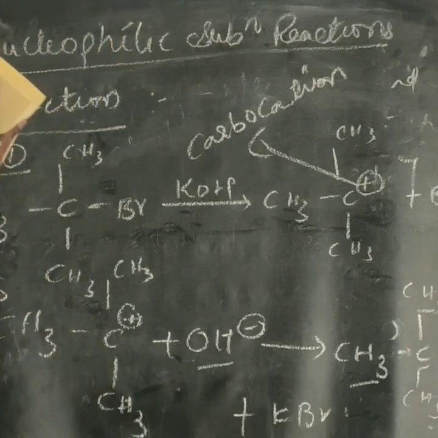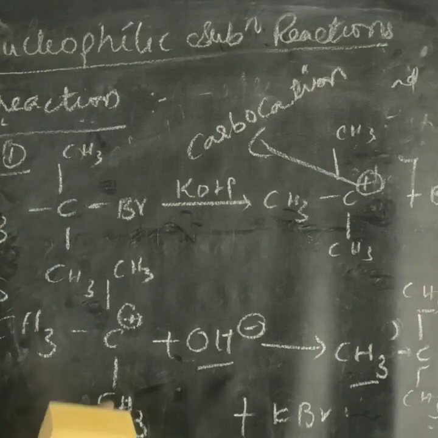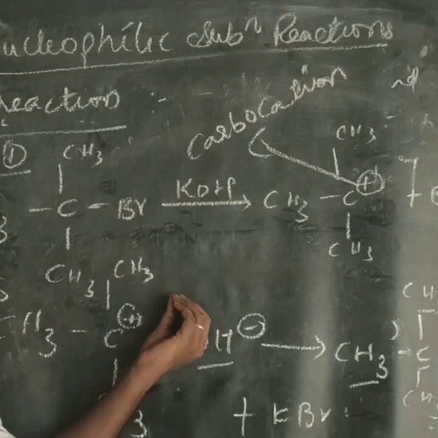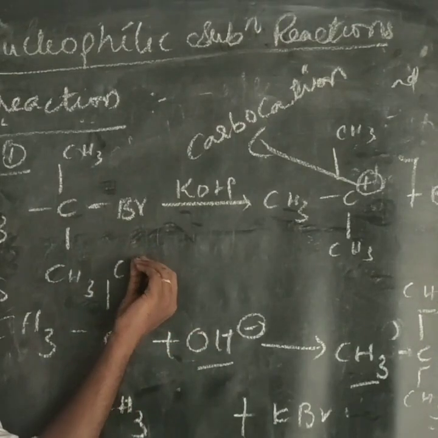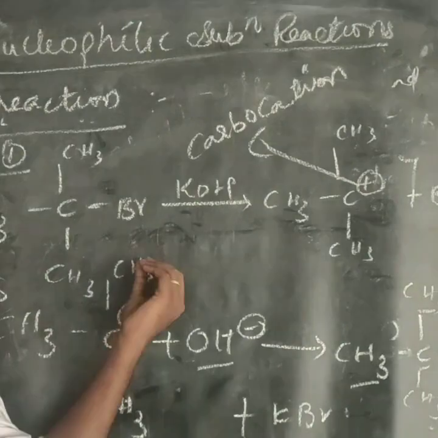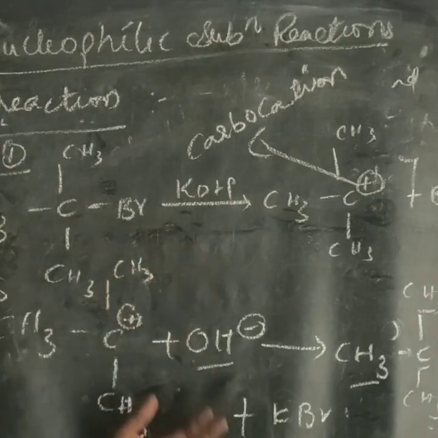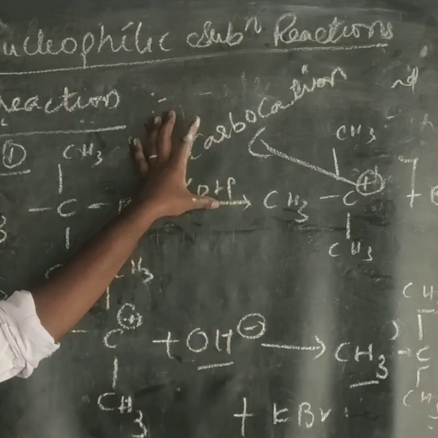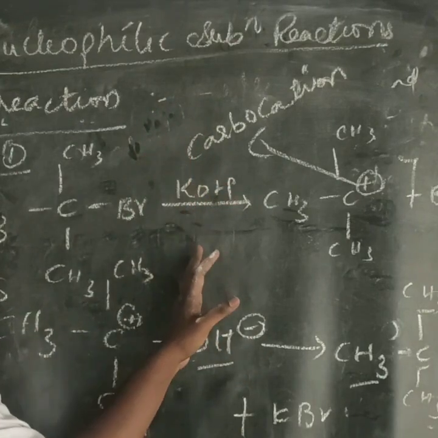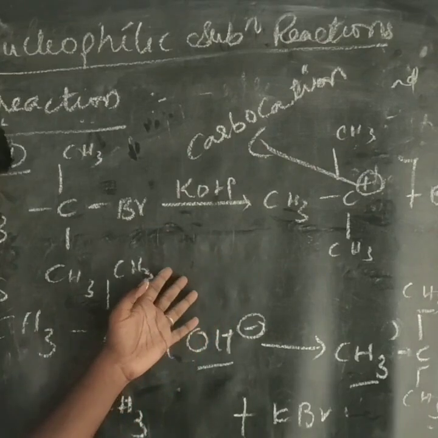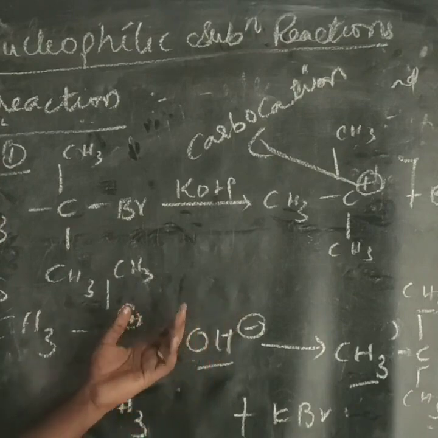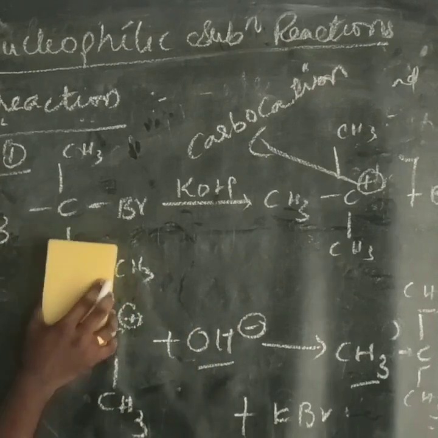The product is a racemic mixture, a stable carbocation is formed, and the rate depends only upon the alkyl halide. The rate determining step is the slow one, followed by a fast reaction. So this is the SN1 reaction.